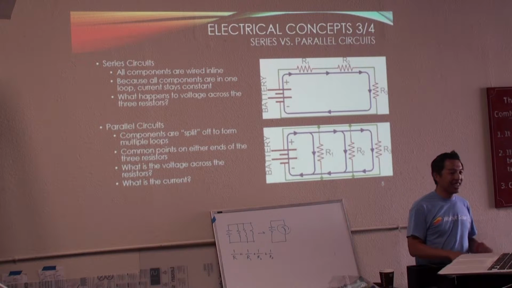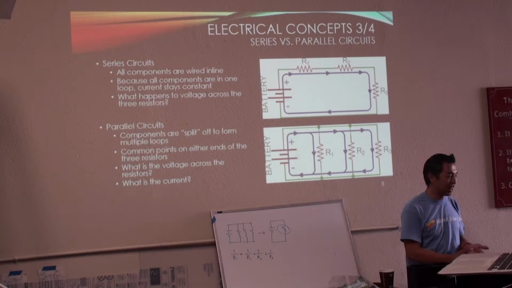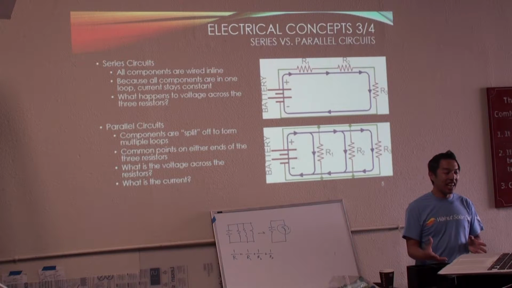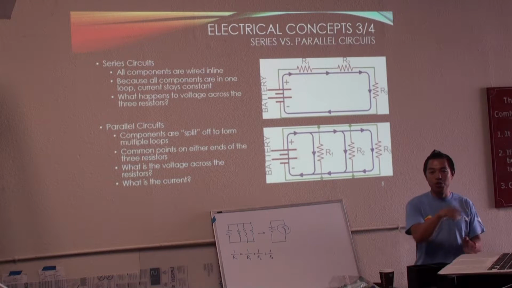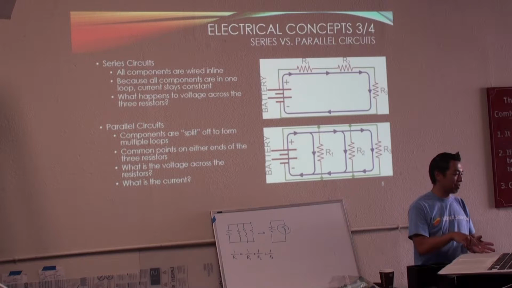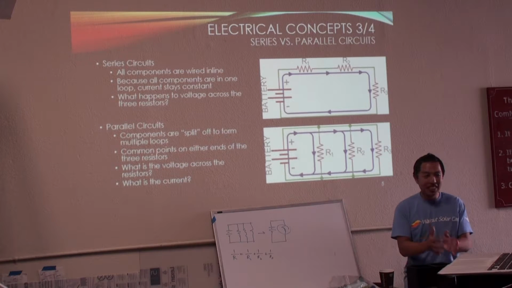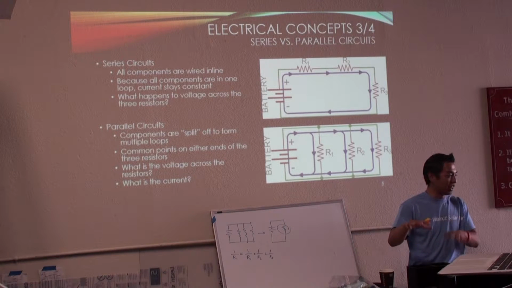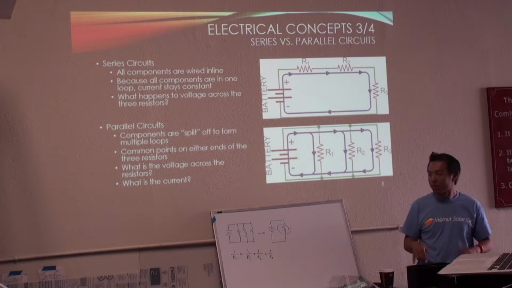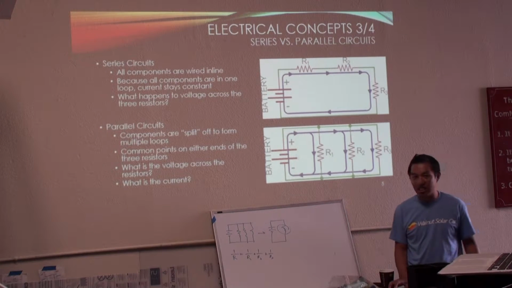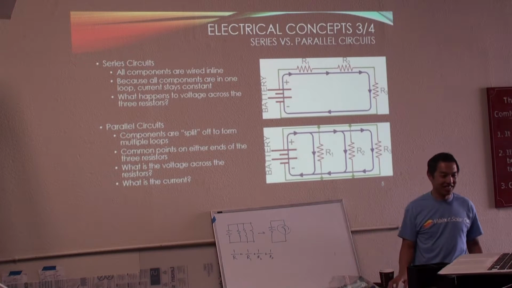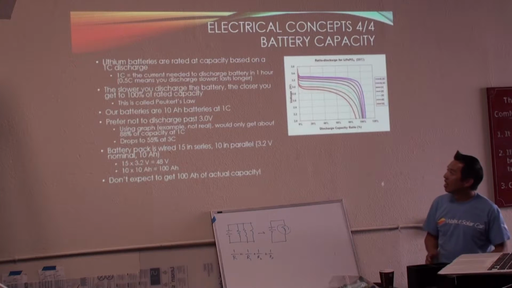If you have something that has no resistance, and then you have something that has resistance, all the current will go through the no resistance path. If you have some resistance on one and more resistance on the other, it will be proportionally split, okay? So that's really the concept I wanted to show here. We can talk about the math in the future.